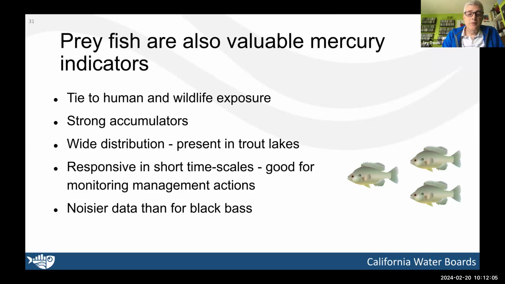It's still valuable to know what's in the trout because that's what humans are eating, but it doesn't tell you what the level of mercury in the actual ecological food chain is. So prey fish are valuable in that scenario. They also are short-lived and respond in shorter timescales, so they're very good for monitoring management actions and getting seasonal information. But the data are noisier than for black bass.